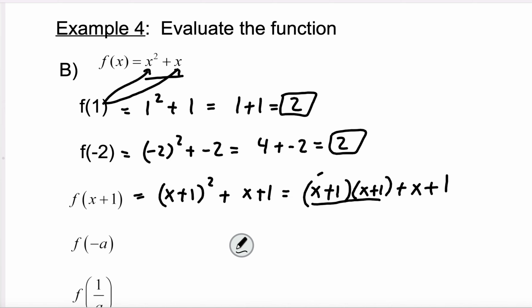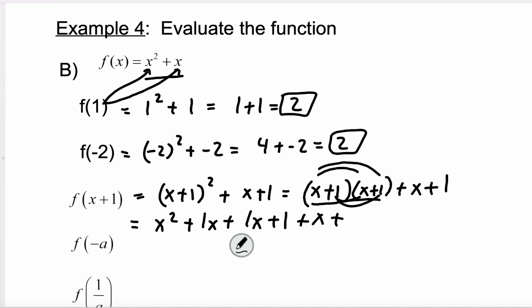You can either use the distributive property twice here, or you can think about pulling it out. So x times x there is x squared. x times 1 there is 1x. 1 times x there is 1x, and 1 times 1 there is 1. And then I still have my plus x plus 1.